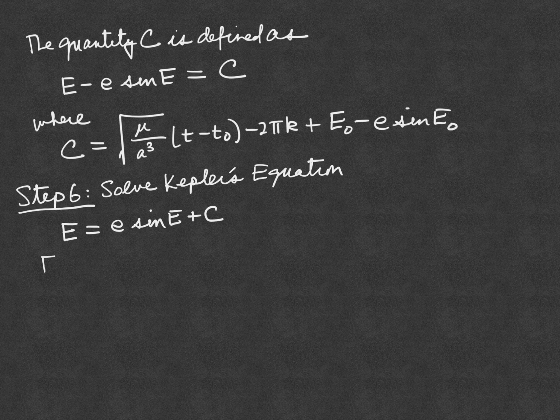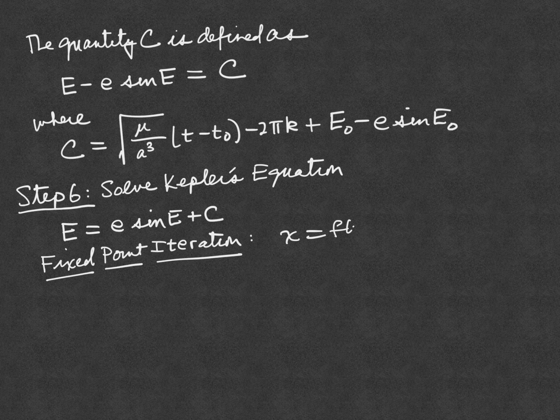Fixed point iteration looks like this. If we have a function of the form x equals f of x, then the fixed point iteration looks like x_{j+1} equals f of x_j. That's the fixed point iteration.